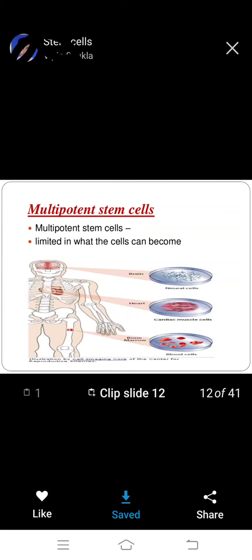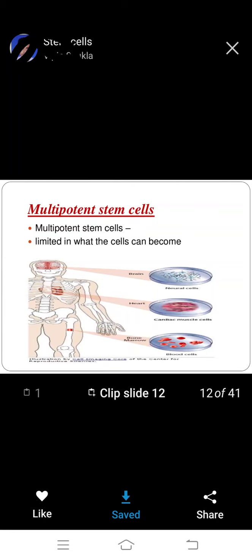Differentiated from uni or pluripotent. Okay, for example, multipotent stem cells can give rise to only a limited number of cells, like hematopoietic cells.